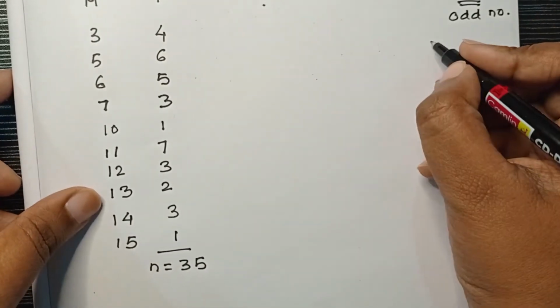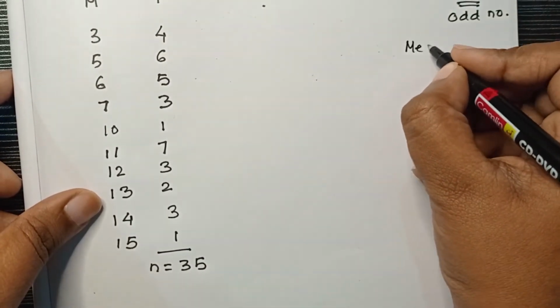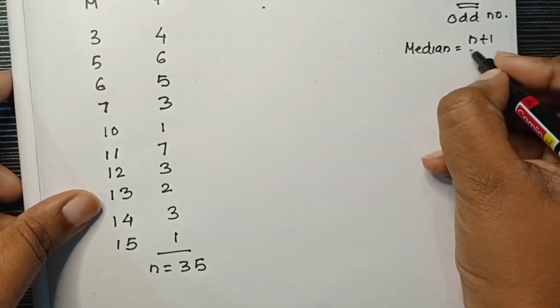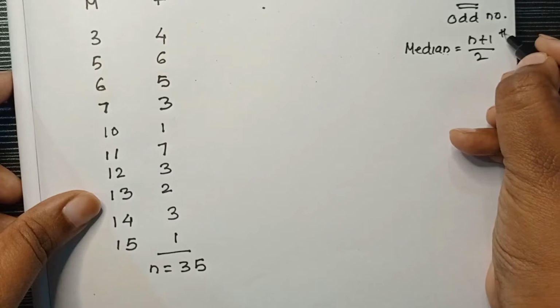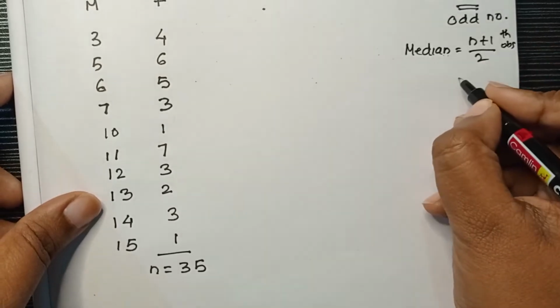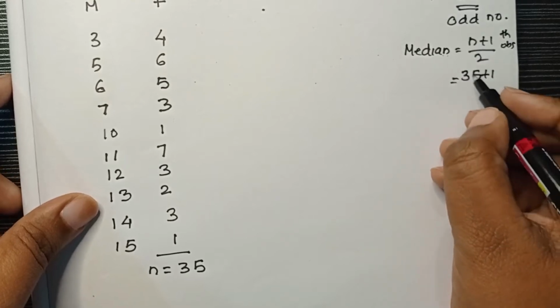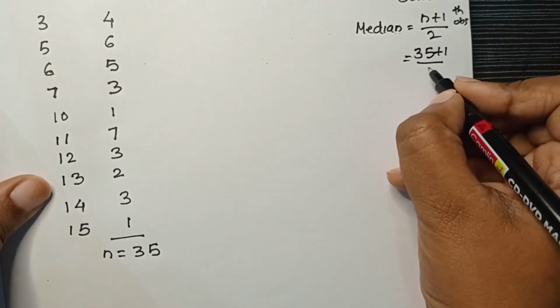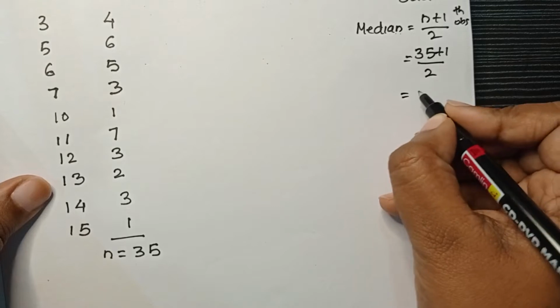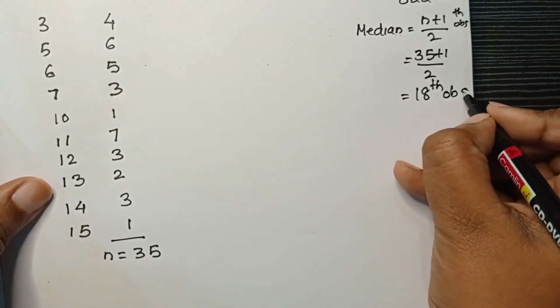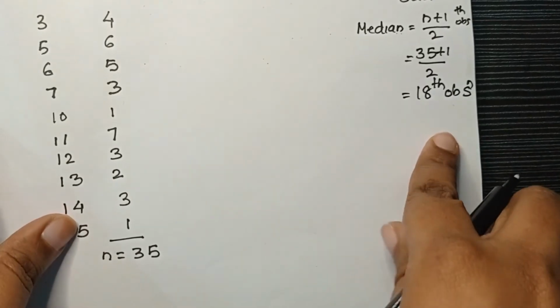We have to calculate the (n plus 1) by 2th observation. That is 35 plus 1 divided by 2, 36 by 2, that is the 18th observation. That is what we have to find.